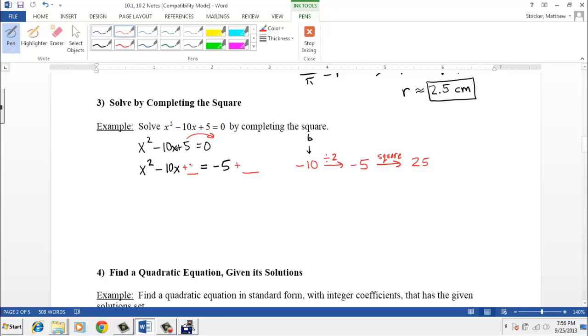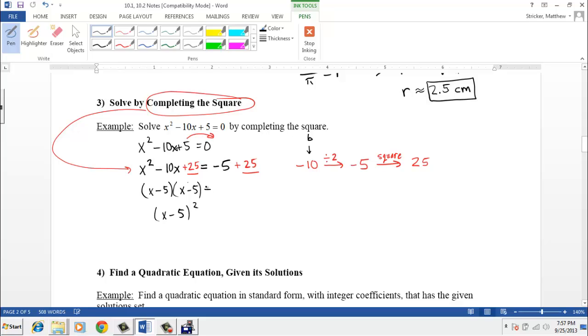So we're going to add 25 to both sides, and this is why it's called completing the square, because the left-hand side factors to x minus 5 times x minus 5, which is x minus 5 squared, one of those perfect square polynomials. The right-hand side, negative 5 plus 25 is 20.